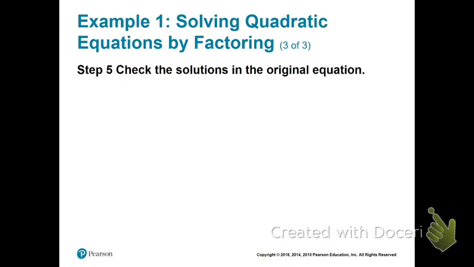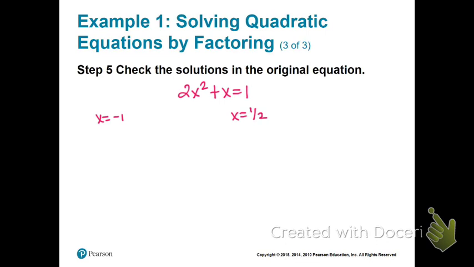Alright, step 5 just says you should check the solutions in the original equation. So remember, our original equation was 2x squared plus x equals 1. And what were my answers again? We said it was -1 and +1/2.